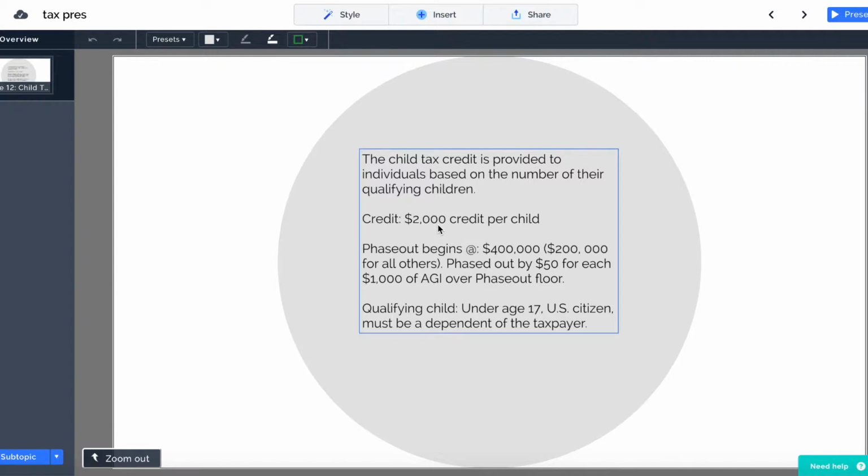And there's a phase out that begins at $400,000 for married filing joint, and for all other taxpayers, it's $200,000. This $2,000 credit is phased out by $50 for each 1,000 of AGI over the phase out floor. That's the child tax credit.